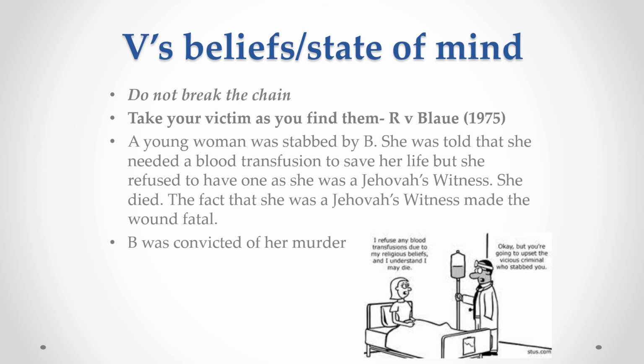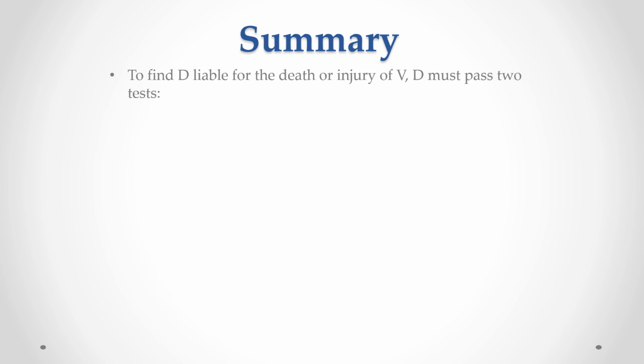That's because you must take your victim as you find them. But for his actions, she wouldn't have died, and his actions were certainly more than the minimal cause, okay? So I hope that all makes sense.